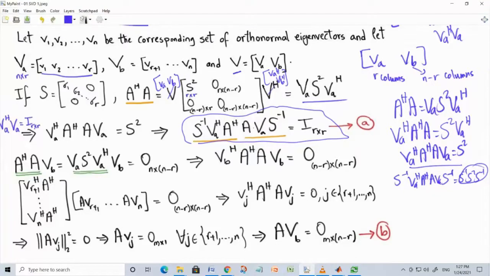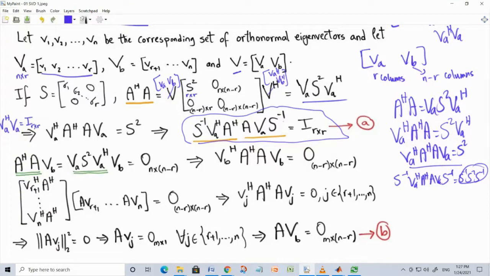So what is V_A? V_A is a matrix with R columns, where R is the rank of matrix A, and the columns are orthonormal, and those are the eigenvectors of A Hermitian A that correspond to the strictly positive eigenvalues.